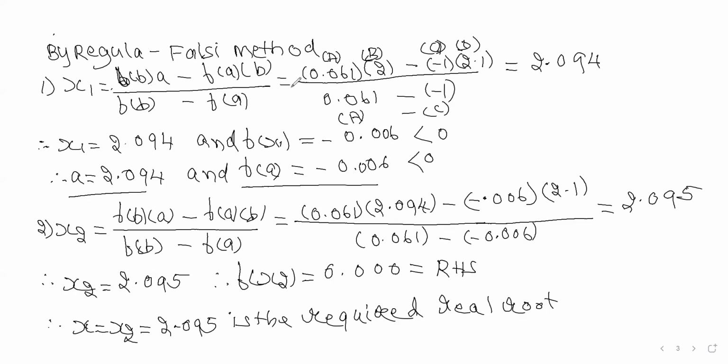Then f of B is 0.061 and A is 2, f of A is minus 1, and B is 2.1, divided by f of B 0.061 minus f of A, which is minus 1.